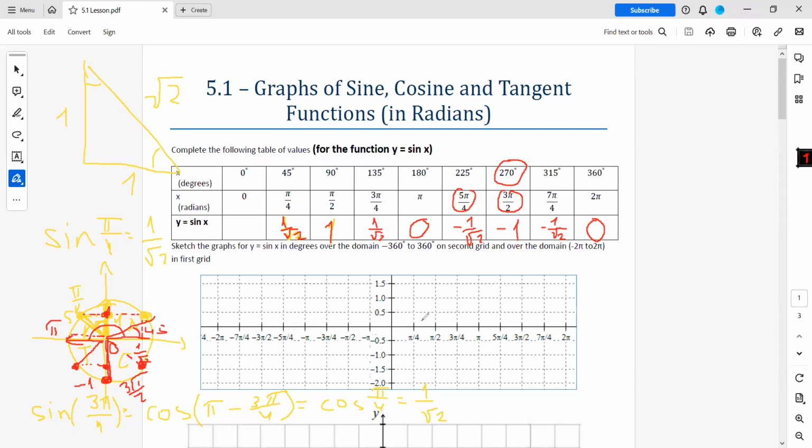And if we were to sketch this graph, let's plot all of these points. Let's start with pi over 4. It's going to be 1 over square root of 2. 1 divided by square root of 2 is somewhat less than 1. To be exact, let's use the calculator.